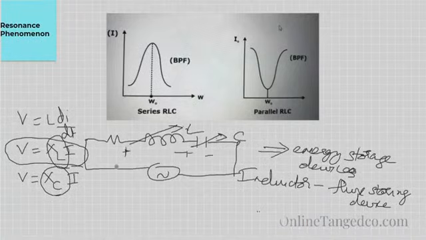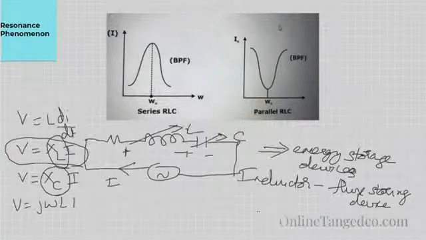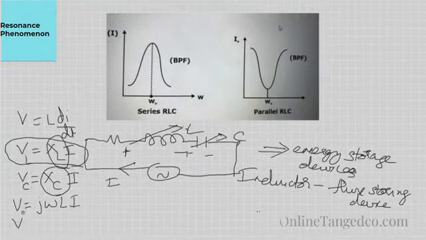Once the current is flowing through these elements, the voltage drops across the inductor and capacitor are going to be XL into I and XC into I. And you can notice this as VL equals j omega L into I, whereas VC is minus j omega C into I.